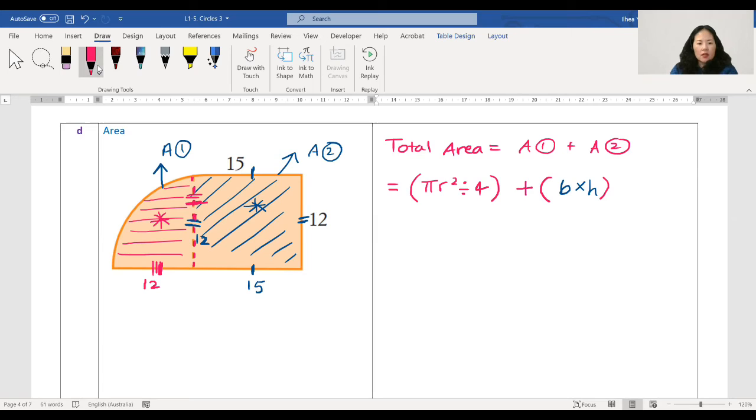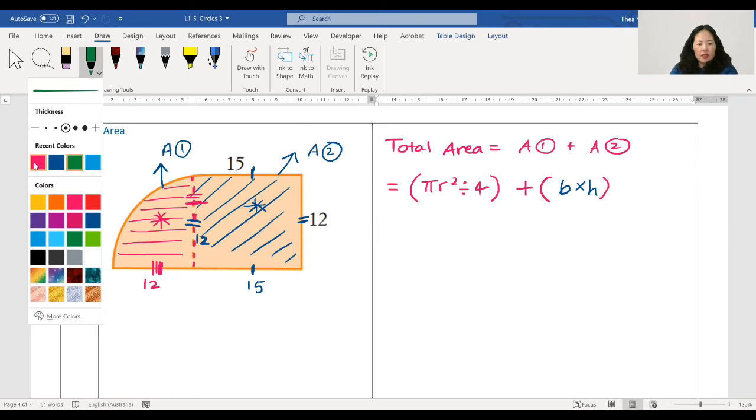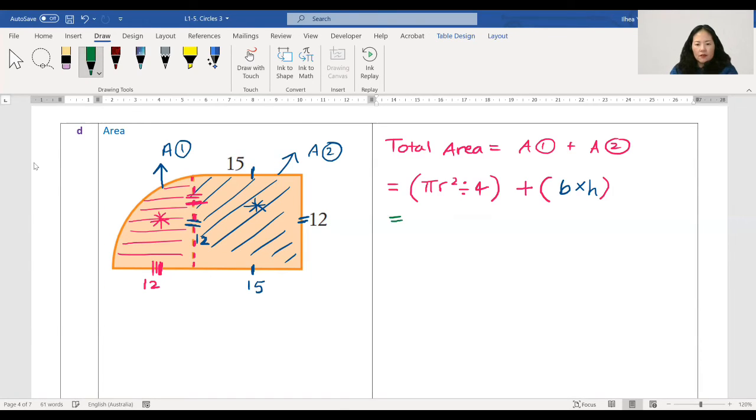So now I'm going to substitute all the numbers that I need here. First, the area 1, my radius is 12. So pi times 12 squared divided by 4 is my area 1, quarter of a circle, plus the area 2, a rectangle, base times height.